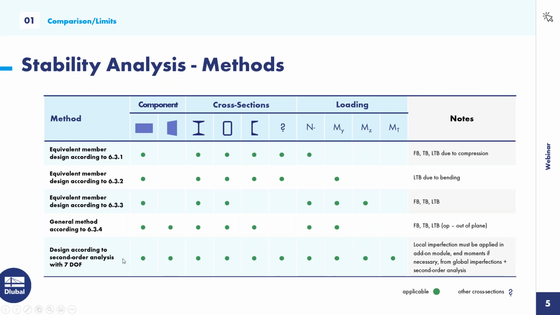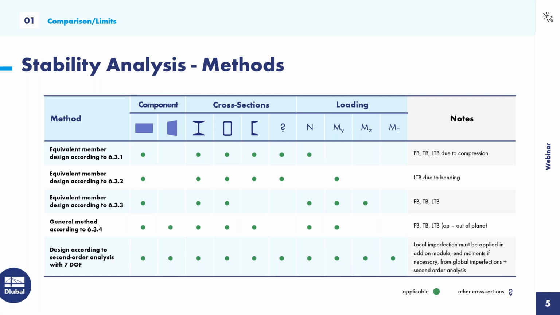And the fifth line, design according to second order analysis with 7 degrees of freedom. With this method, all components, all cross sections, and all loads, including torsion, are possible.